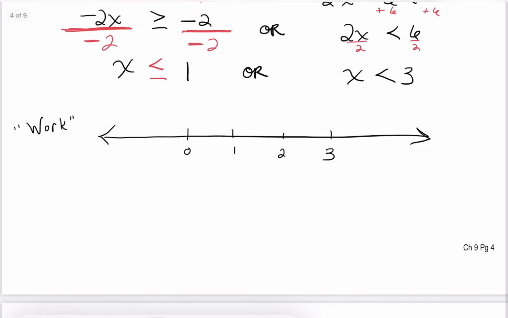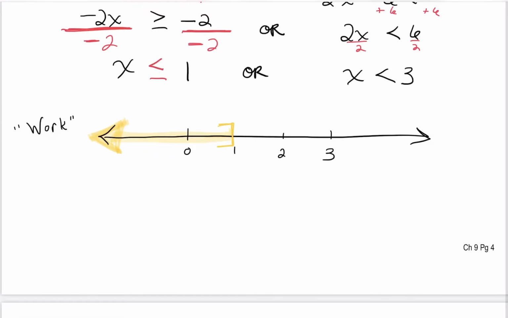Okay, so let's start with x is less than or equal to 1, which is everything smaller than, so to the left of the 1. So here's everything less than the 1. To show the or equal to, I'm going to put my nice square bracket there on the 1.